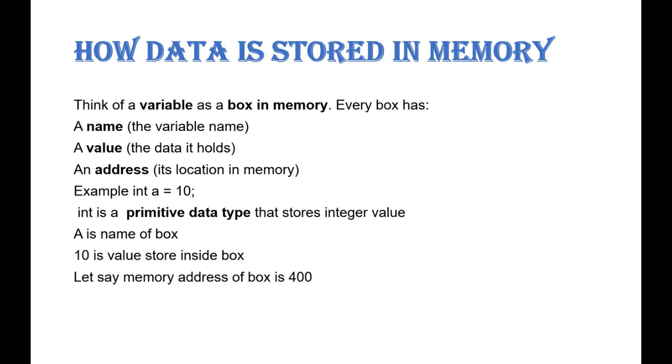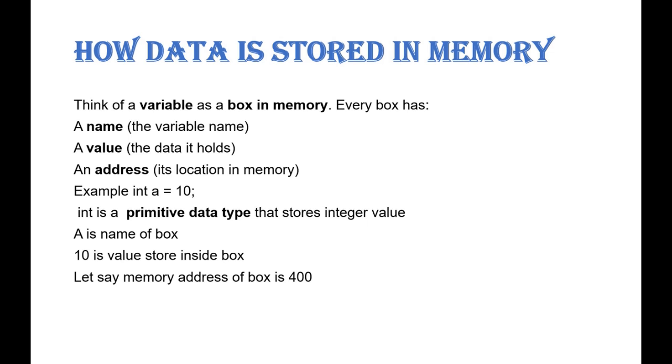So I can say here, somewhere, an address of the memory. Suppose I declare the variable int a equal to 10. My computer knows that the variable name, or container name, is a, and it is storing the value 10. That is, the value which is going to be stored inside my container is 10, and it is placed somewhere in memory.